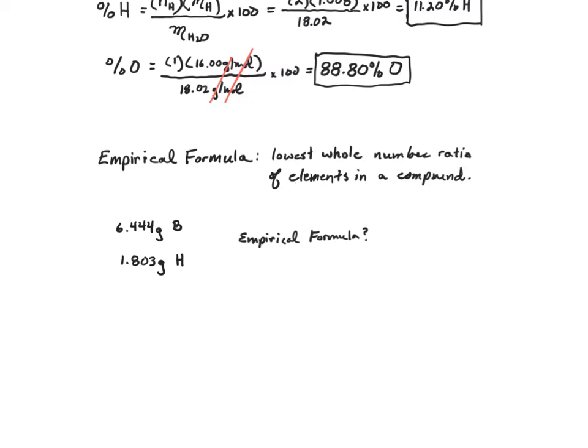So what we're going to do is take the masses of each one of these elements. We have 1.803 grams of hydrogen. And we know by looking at the periodic table that the molar mass of hydrogen is 1.008 grams for every 1 mole.